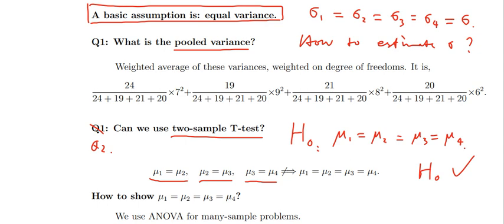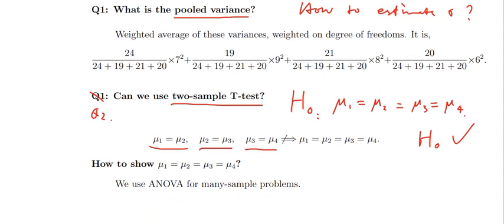Mathematically, if mu1 equals mu2, and mu2 equals mu3, and mu3 equals mu4, then mu1 equals mu2 equals mu3 equals mu4, right? But we say in statistics, this is not true. So why? Because in stats, there is no exact equal.